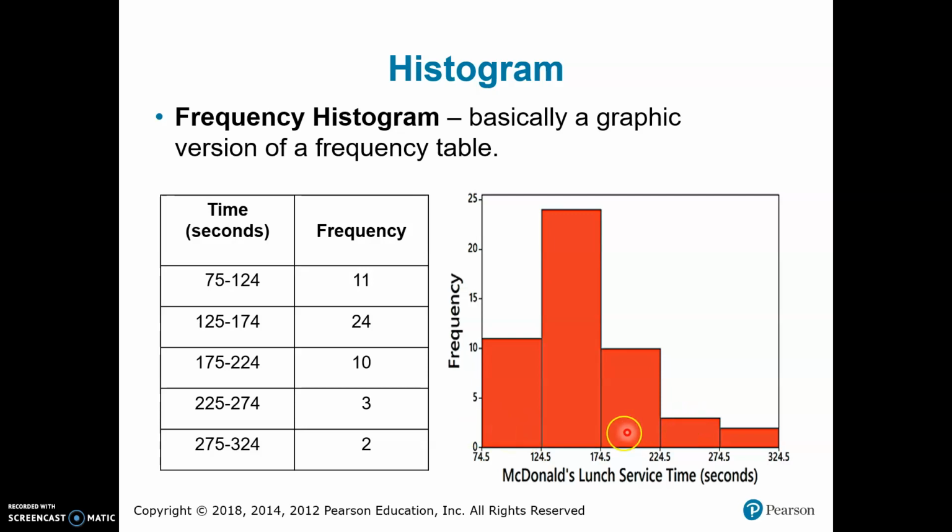First bar represents first class, second bar represents second class, third, fourth, and fifth. This histogram uses class boundaries, 0.5, 0.5, these are class boundaries. And here I have the frequency.